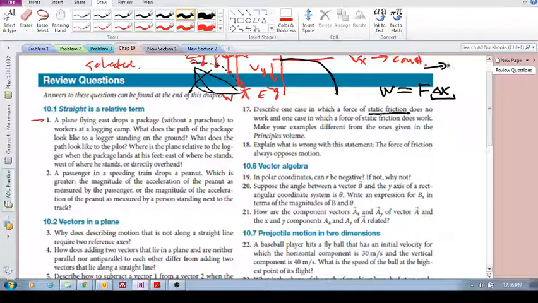So if a force is applied to that point, and that point displaces, then that force has done work. If that point does not displace, then there's a force there, but no work is done by that force. Okay? So, this is chapter 10. So what are some examples there?